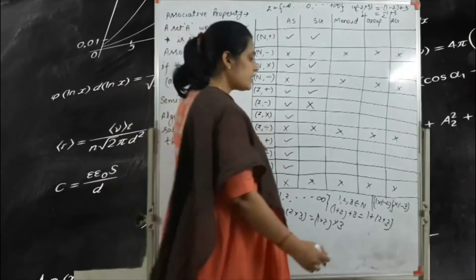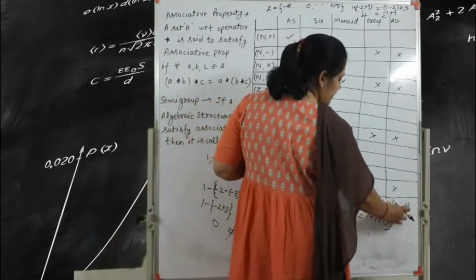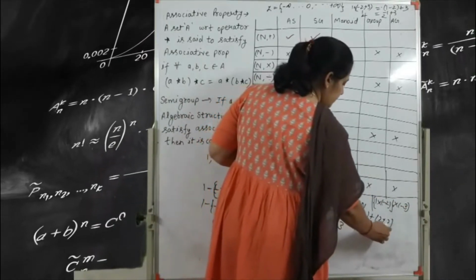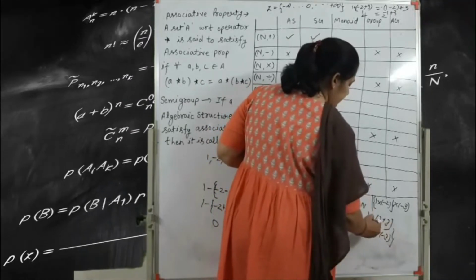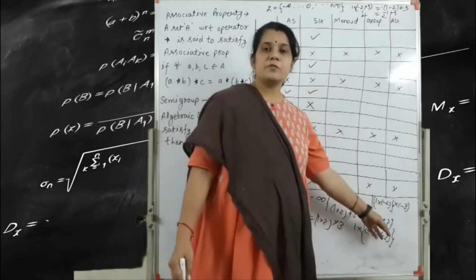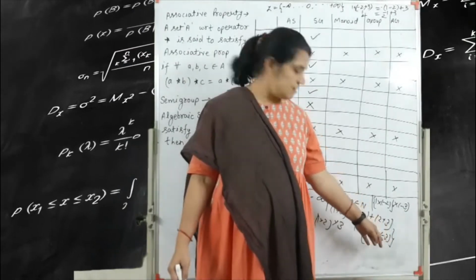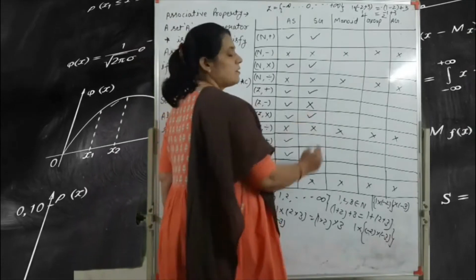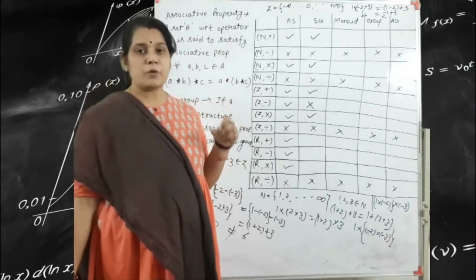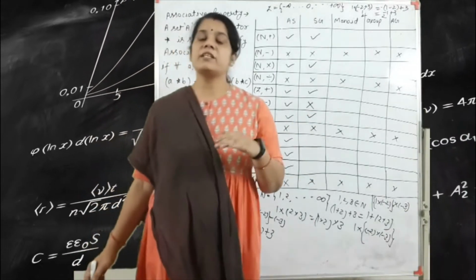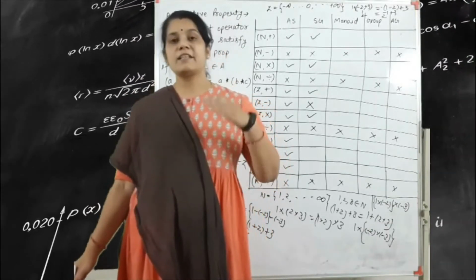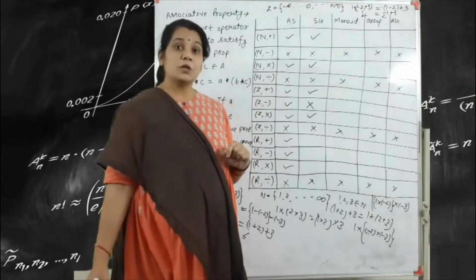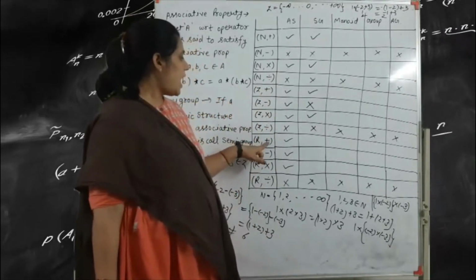On the LHS side, we consider these in the bracket this side, that means 1 into minus 2 into minus 3, and this is the bracket side. So minus 2 into minus 3 means plus 6, 6 into 1 is 6. So Z multiply also satisfies the associative property. So if set A with respect to any operator satisfies the associative property, then we can say that this is a semigroup.